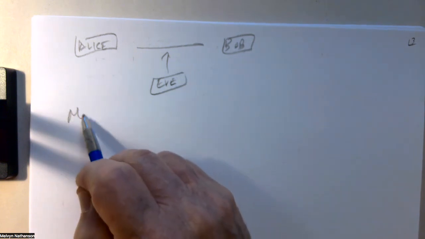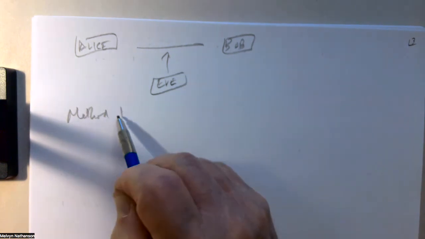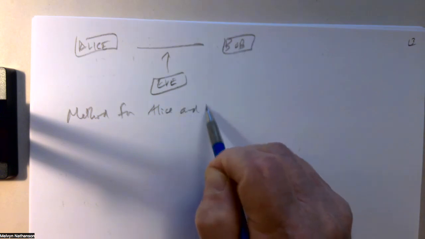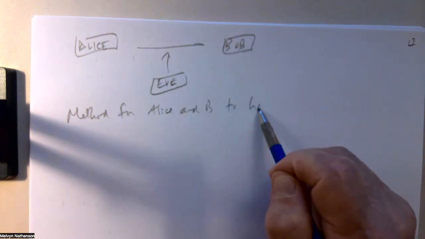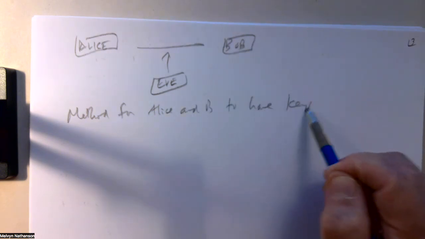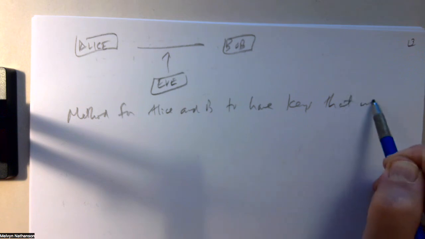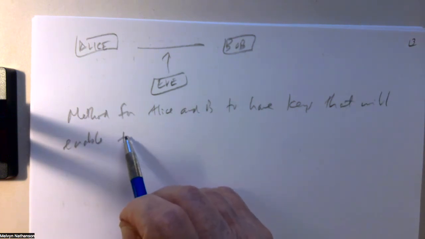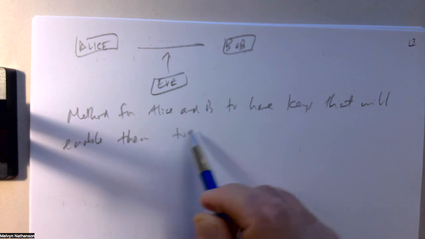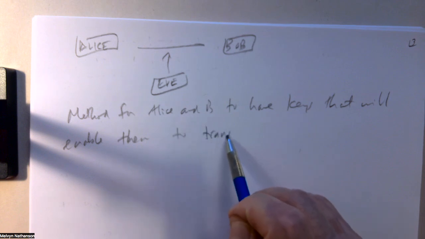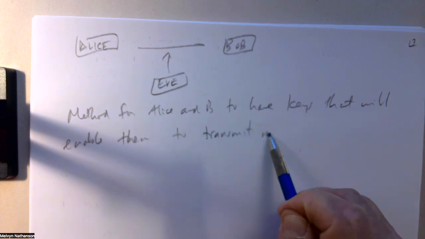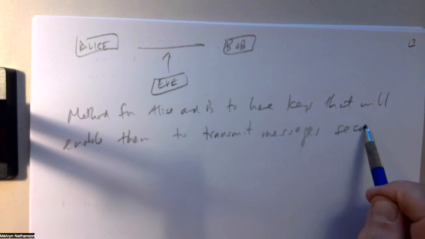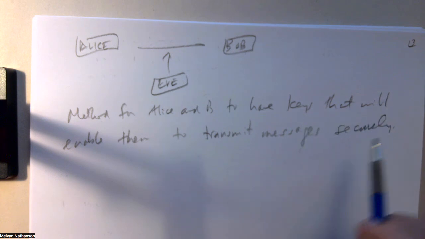So you need a method for Alice and Bob to have keys that will enable them to transmit messages securely.